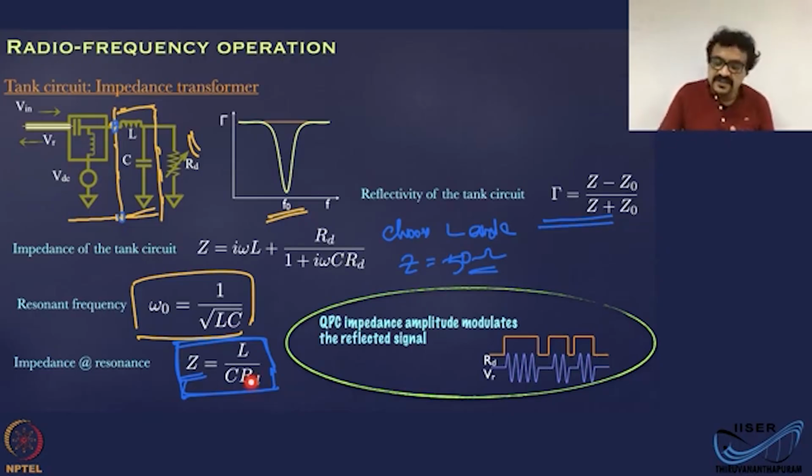So the RD will change Z, that will change the reflected signal, that will amplitude modulate. So you are going to detect the change in the device impedance, the change in the QPC or the SCT impedance, just by looking at the reflected power of the tank circuit. That's the exercise you are going to do.